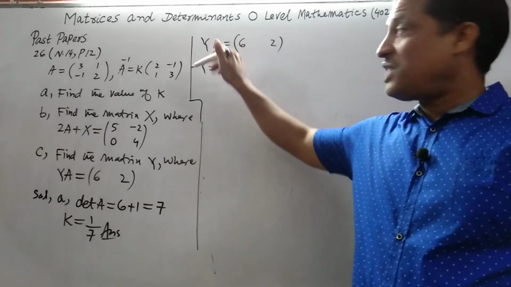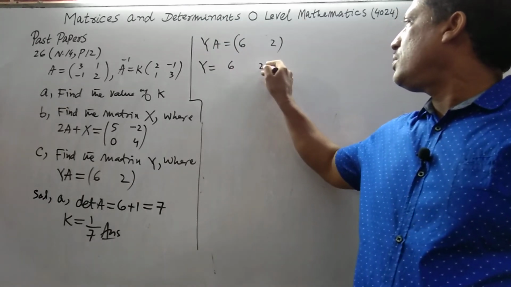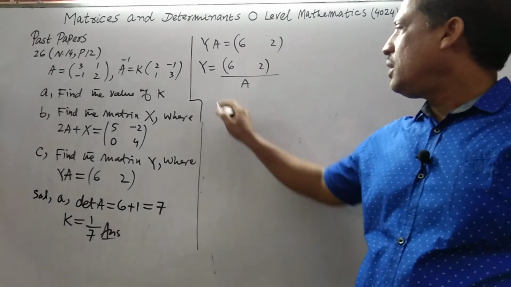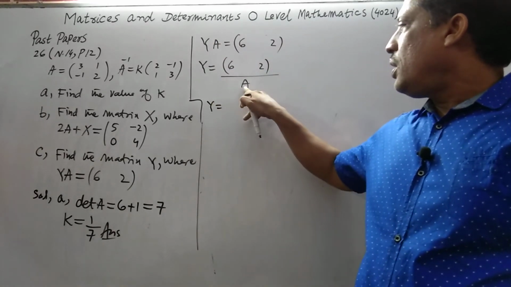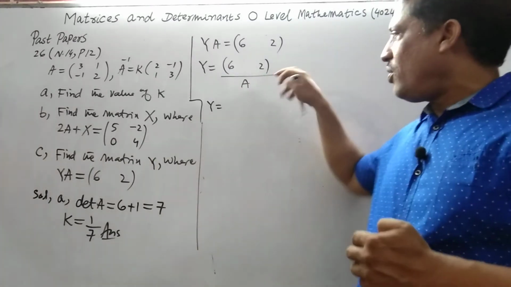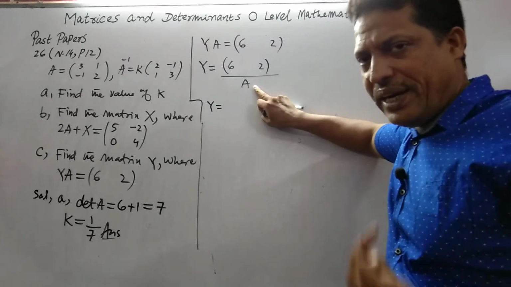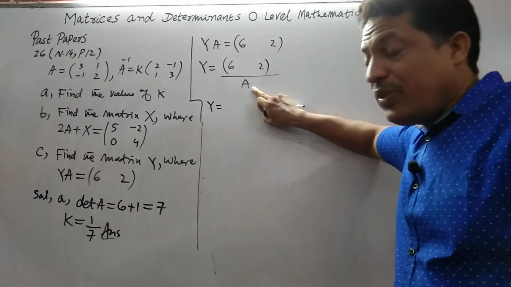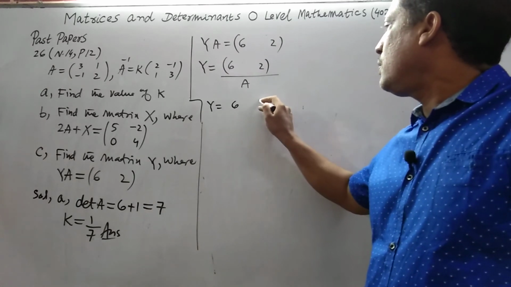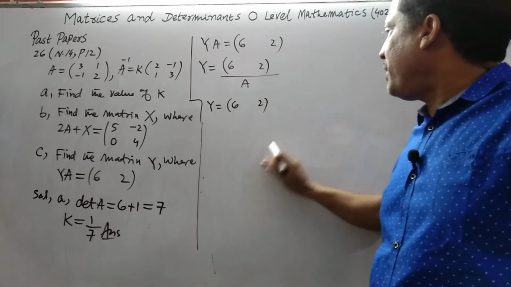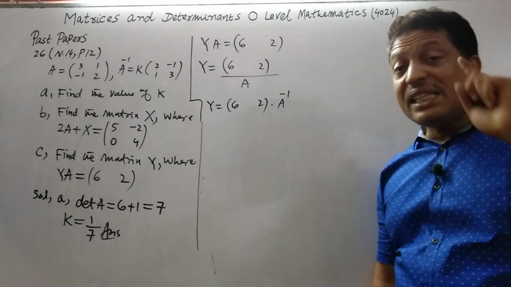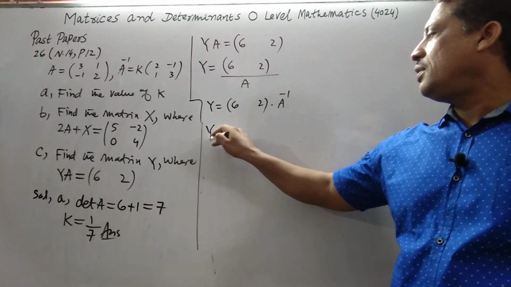First, this A matrix is multiplied over here, so this should be divided on the other side. Right now this A is in the denominator. If we move this A to the numerator, it will become A inverse. This is very important.